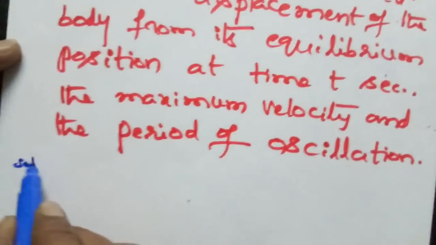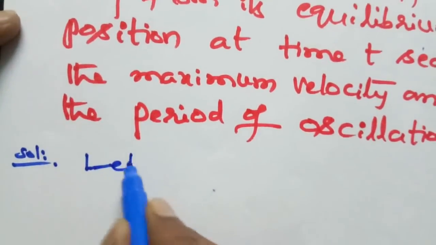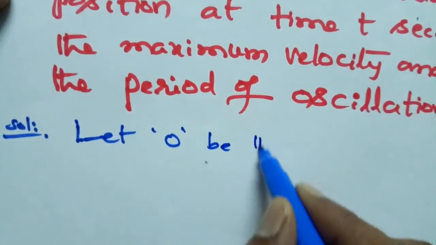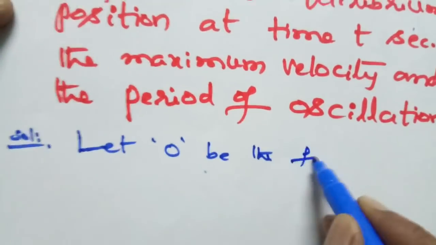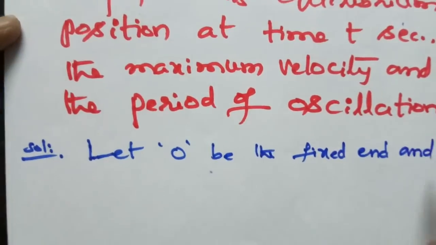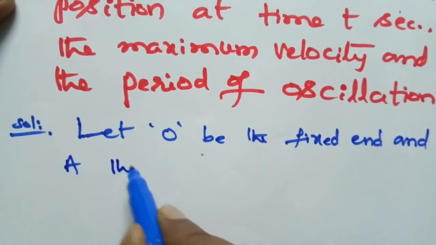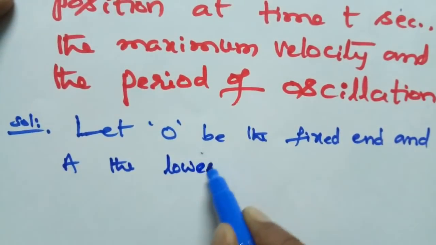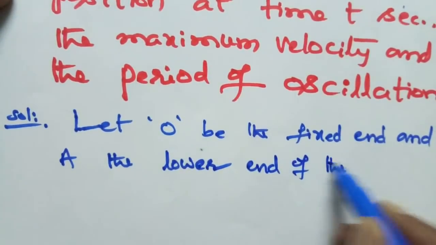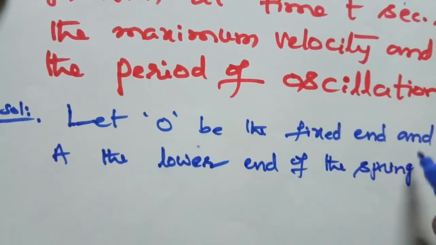Now the solution. Let O be the fixed end and A the lower end of the spring, as shown in the figure.